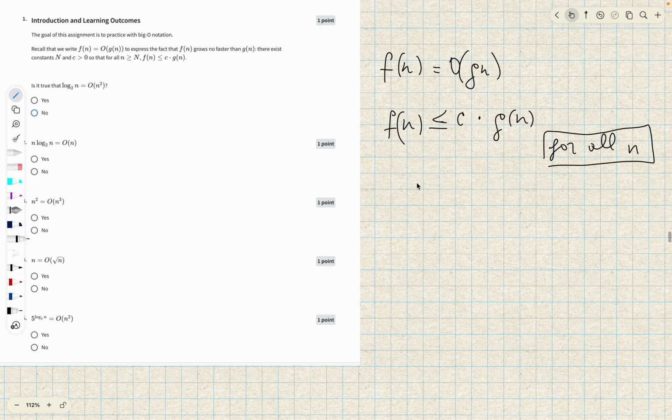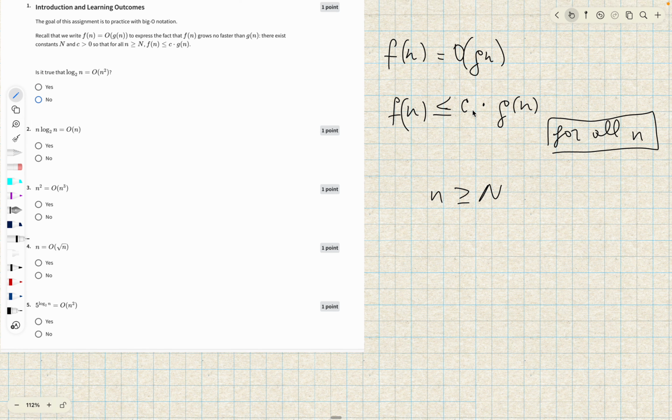We have to find some other constant N, and n should be at least this N, at some point in the input size. And I will explain what it really means. Once we find these constants, it means that this function is the big O of this function.